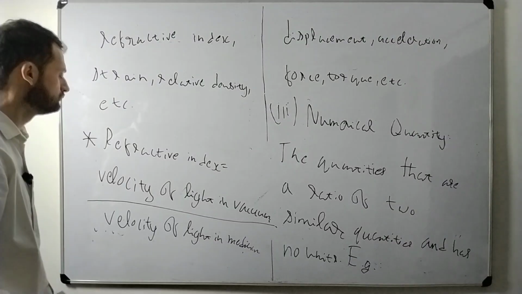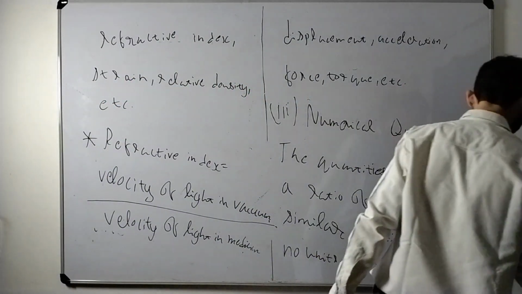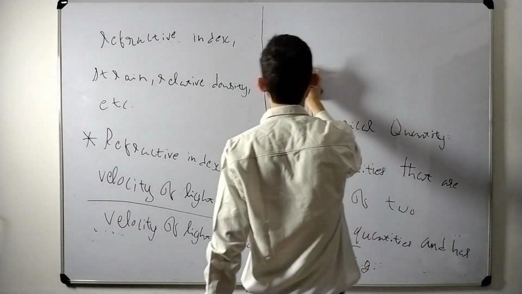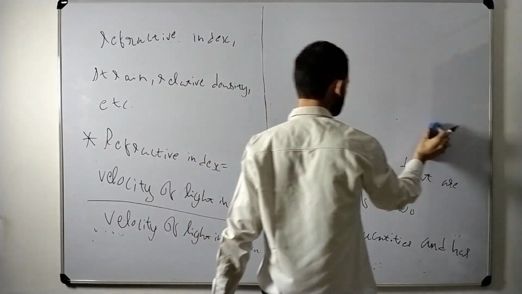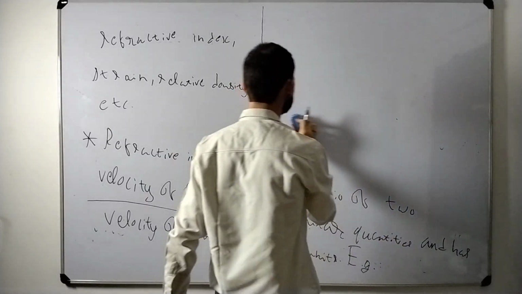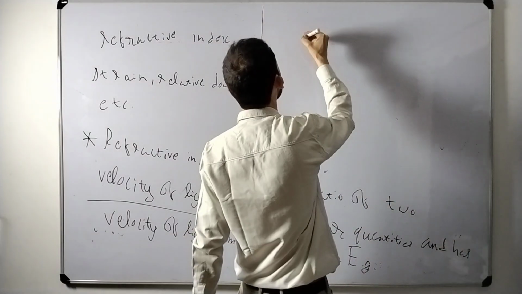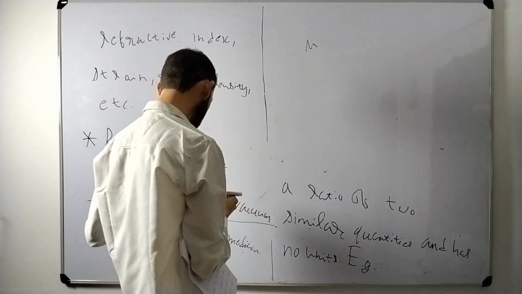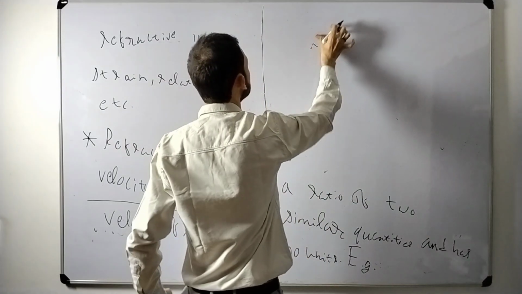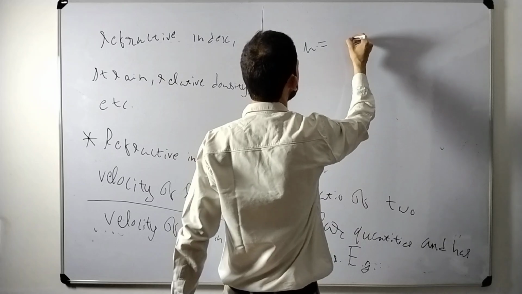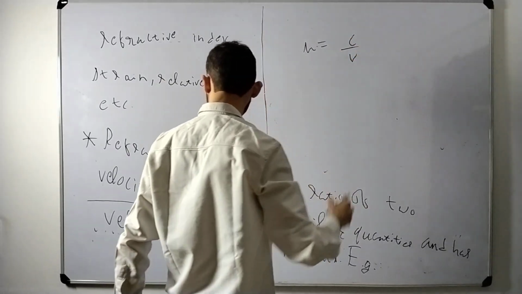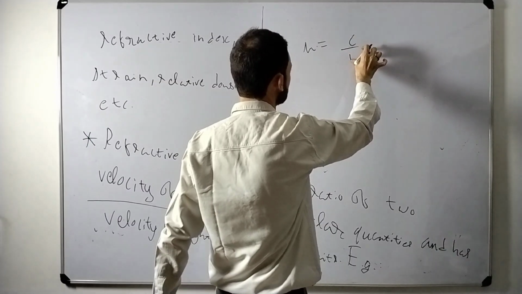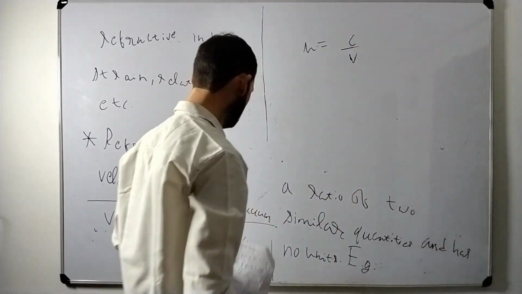Yes, that is the case. And it is denoted by mu equals c by v, c being the velocity of light in vacuum and v being the velocity of light in medium. Okay, students.